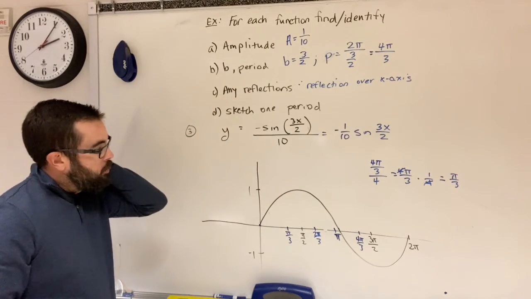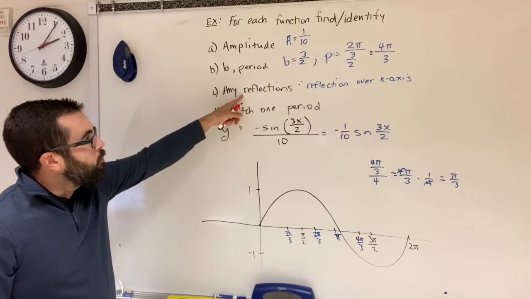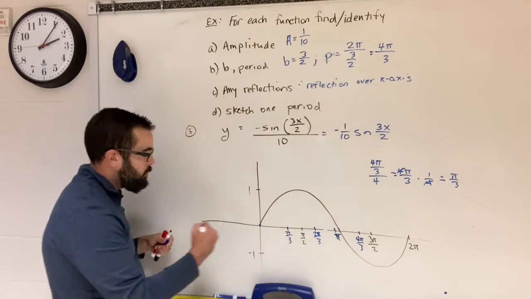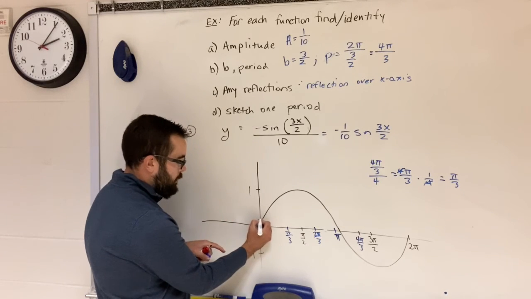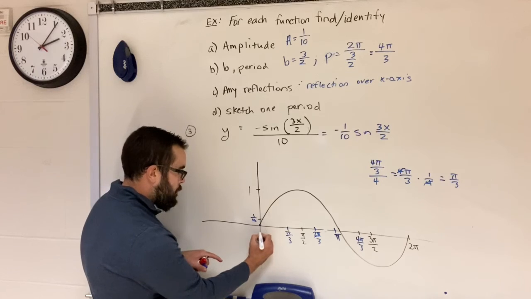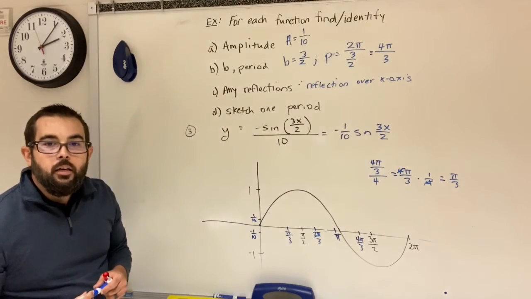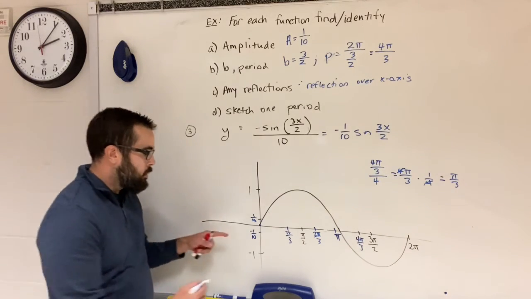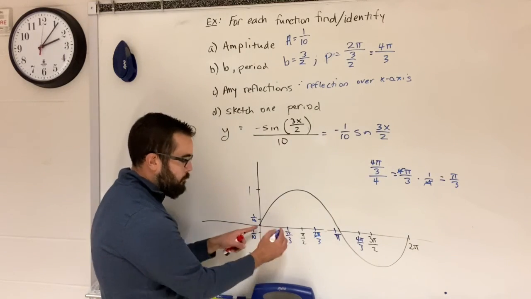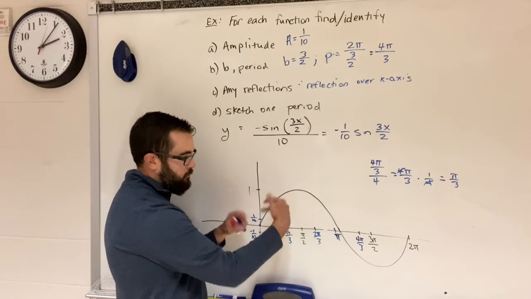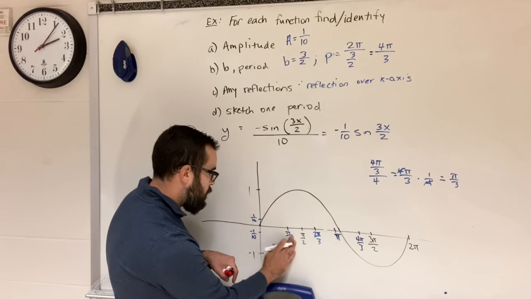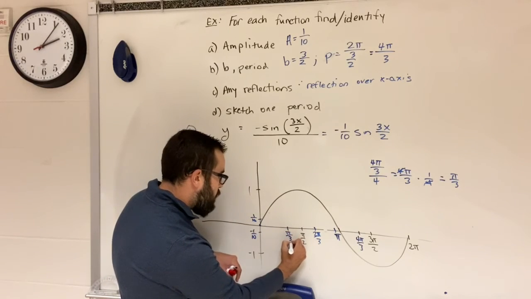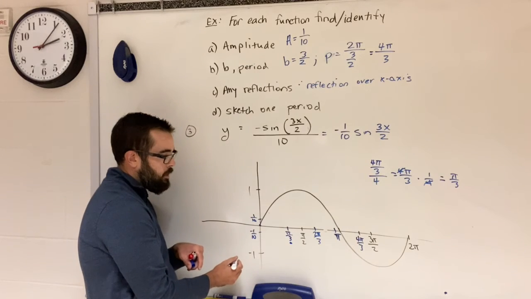All right, so there's a reflection over the x-axis, and we also have to include our amplitude. So our amplitude is 1/10. So here's 1. 1/10 is tiny. We're going to have the same pattern except flip. So instead of going up to a max, we're going to start down to a min. So our min is going to be at pi over 3, negative 1/10.